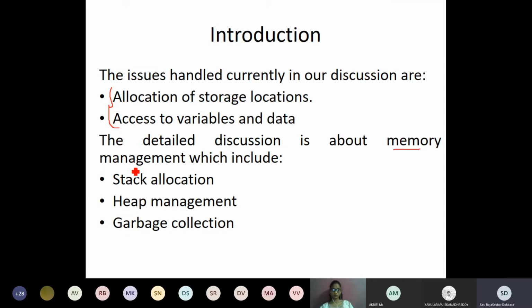So the detailed discussion about memory management is what we are going to have throughout this chapter of the unit. And there are three important things that we'll be discussing: stack allocation, heap management, and garbage collection. These are the three things that we're going to go into in detail throughout this chapter.